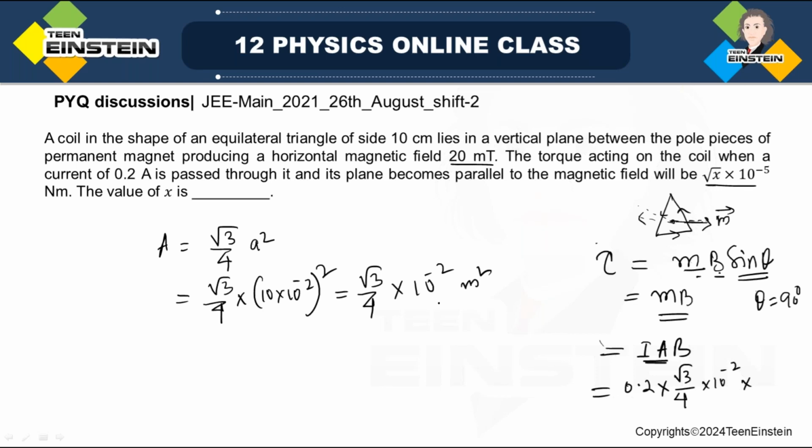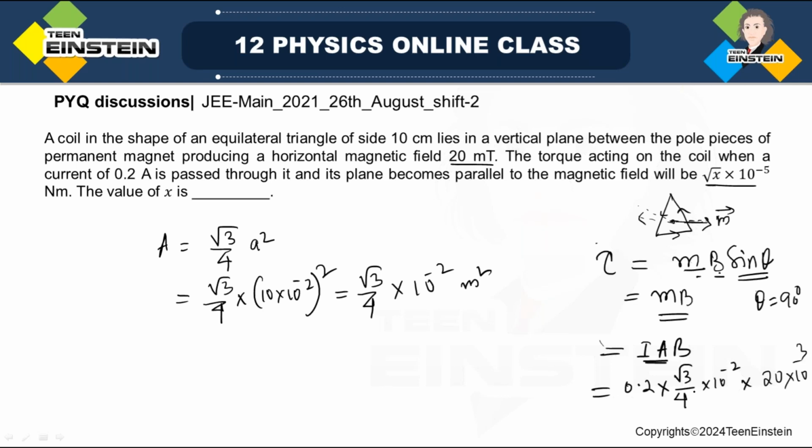And B is in millitesla. Ampere per meter square is again Tesla. So I A B is 20 millitesla, that means I can multiply 10 to the power minus 3.